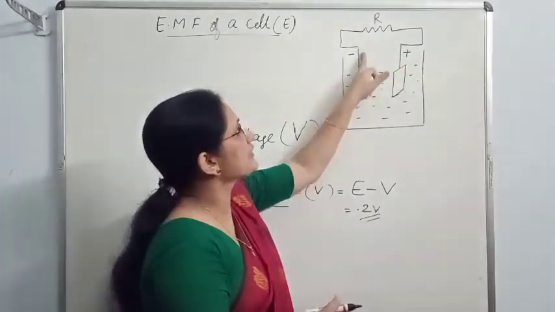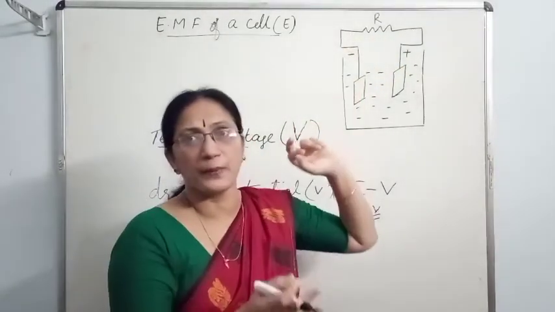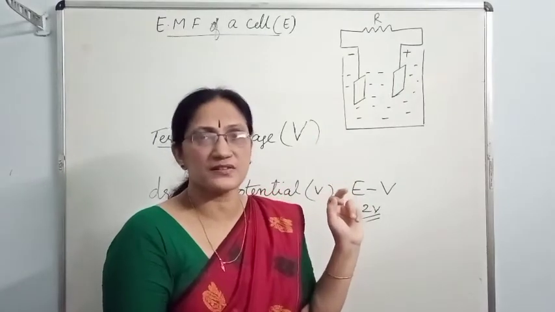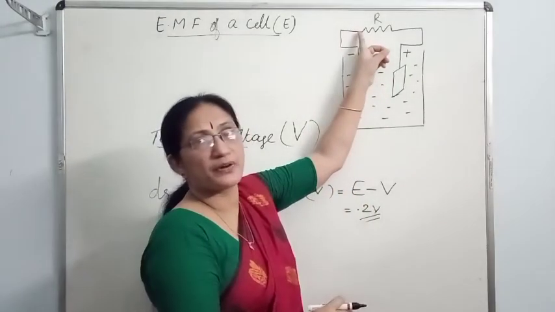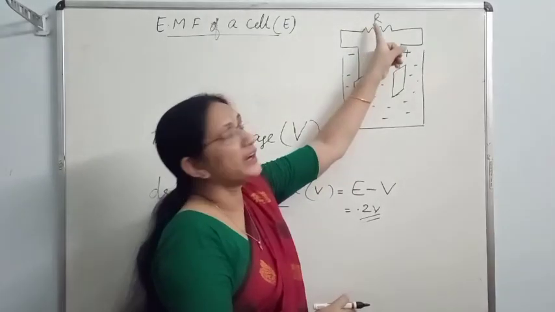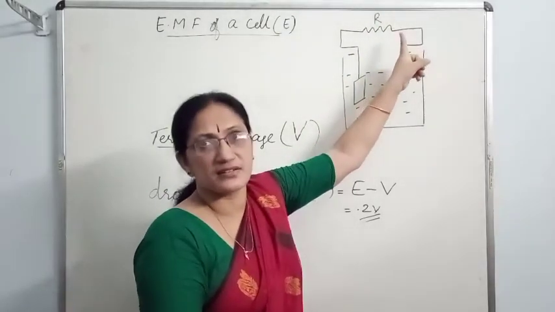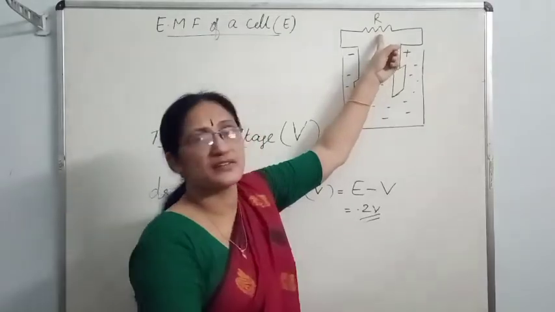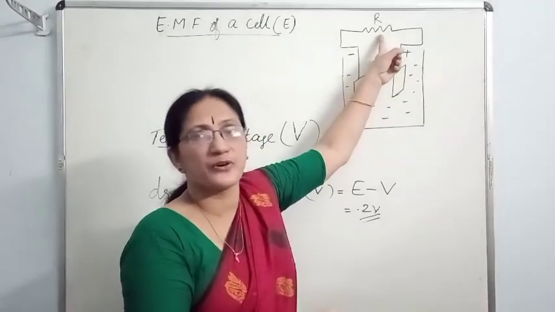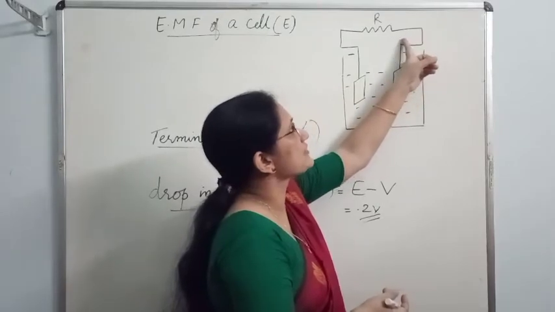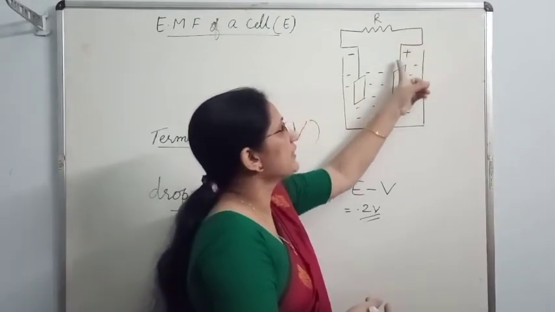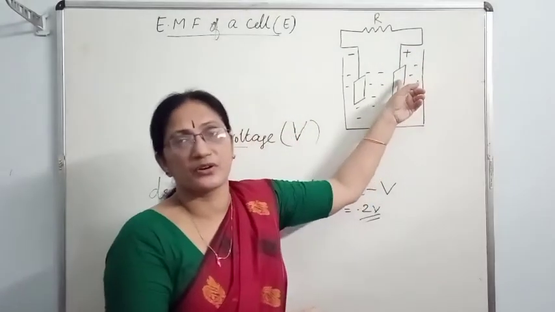These connection wires are made with copper. Copper has very low resistance, so electrons can move very smoothly through this copper wire. But once they pass through this external resistance, due to its high resistance, electrons spend most of their energy and come out as weak electrons. These weak electrons reach the positive electrode.